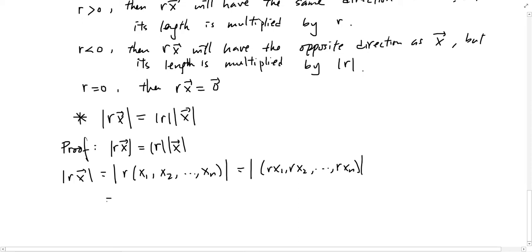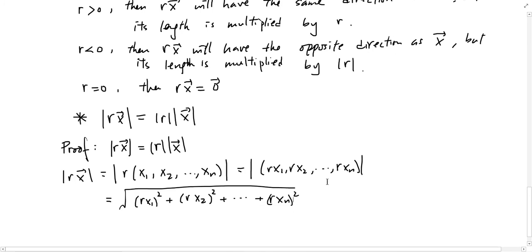Now I'm going to find the length of this vector with rx1, rx2, dot dot dot, rxn as the values inside. Based on my formula, that means I'm taking the radical of rx1 squared plus rx2 squared plus dot dot dot plus rxn squared.